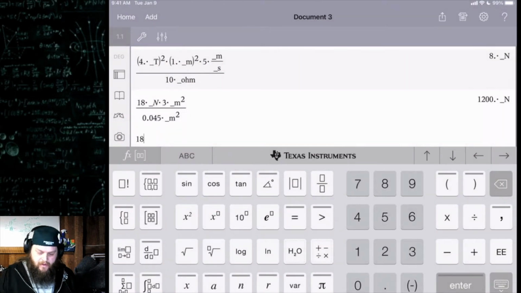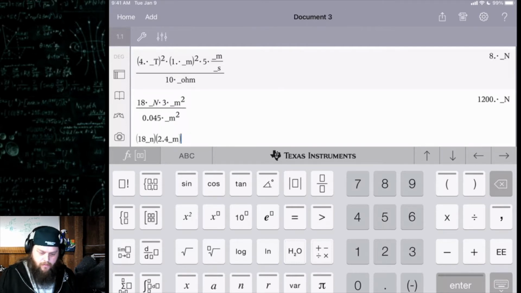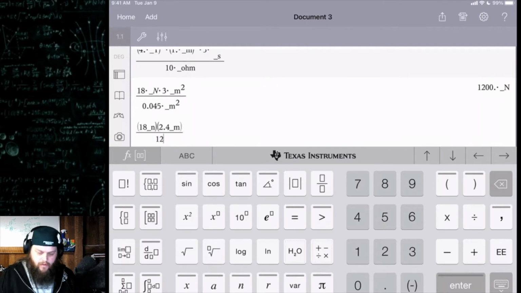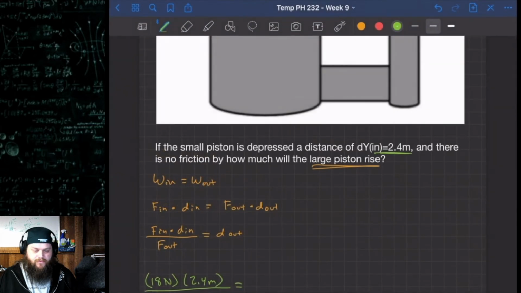So that would be 18 newtons times 2.4 meters divided by 1,200 newtons is 0.036 meters.